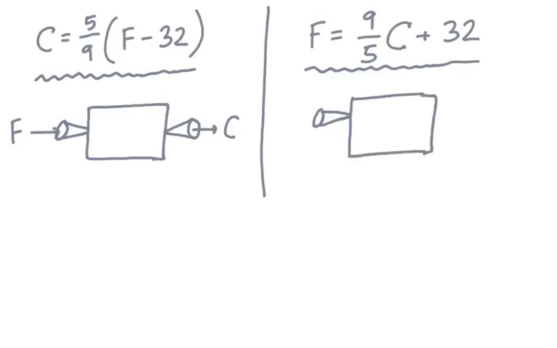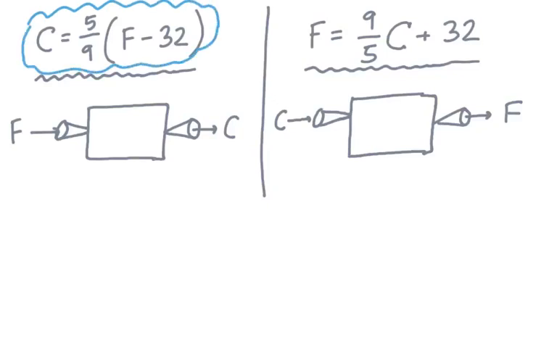Sometimes we're in degrees Fahrenheit and we need to convert to Celsius, and sometimes the reverse is true. So these two formulas are inverses. If this is the first formula, then this second formula is the inverse of the first. And an easy way to tell is that the inputs and outputs are swapped.